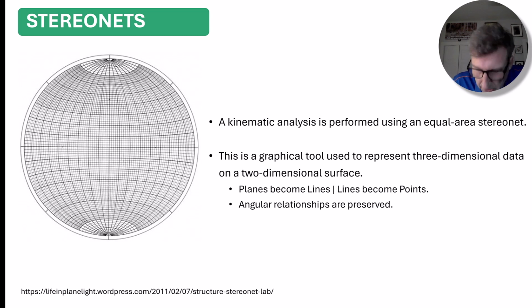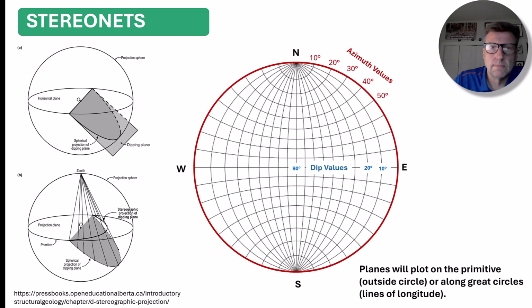So how does a stereonet work? Imagine a transparent sphere with a horizontal plane at its center. So this is what we're talking about, this sphere and this horizontal plane. If we project our dipping plane from the horizontal into the lower hemisphere, the plane will intersect the outer edges of the sphere.